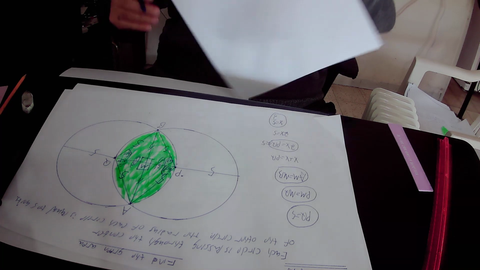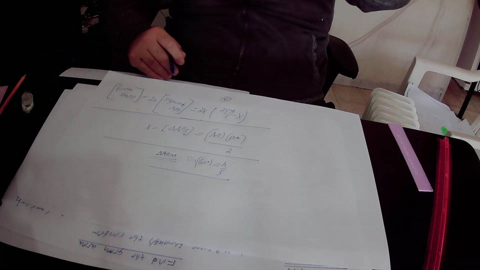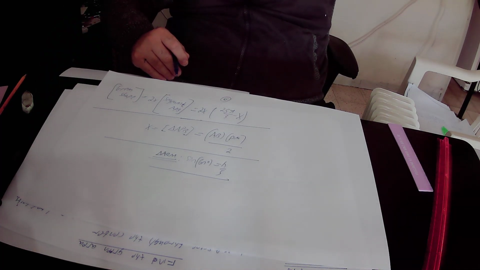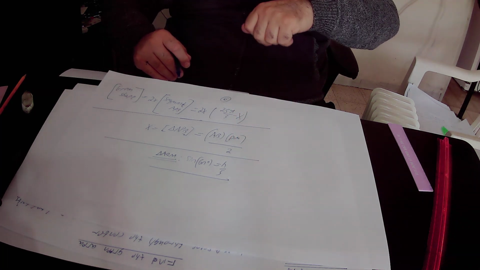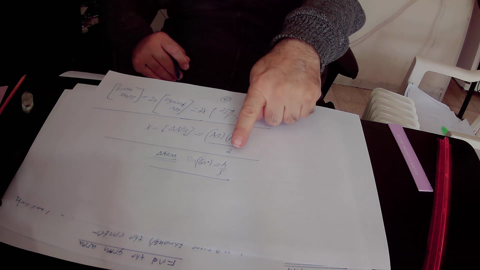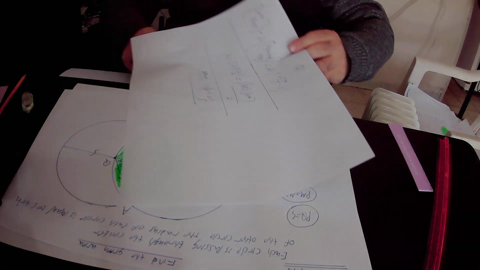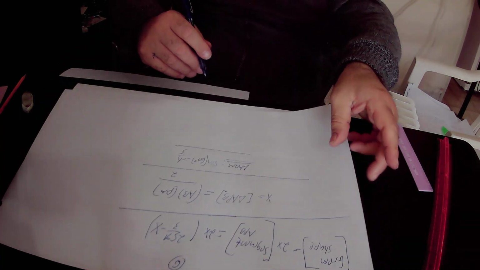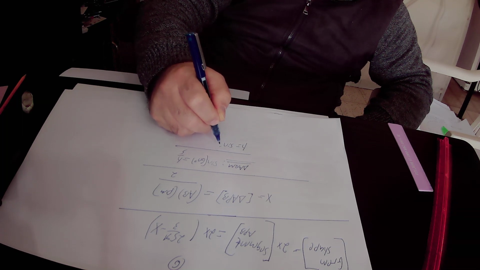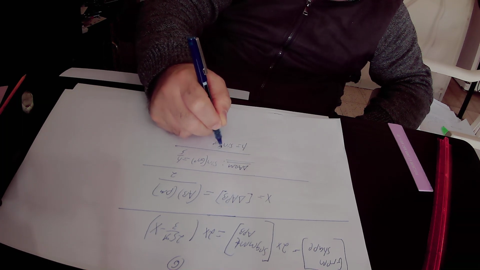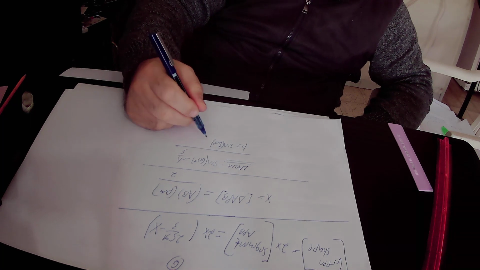I will repeat again. In the right triangle AQM, sine 60 degrees equals edge over 5. We'll multiply this equation by 5 and we get that edge equals sine 60 degrees times 5.